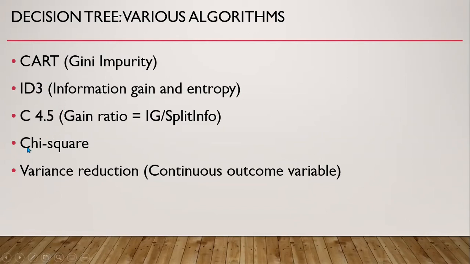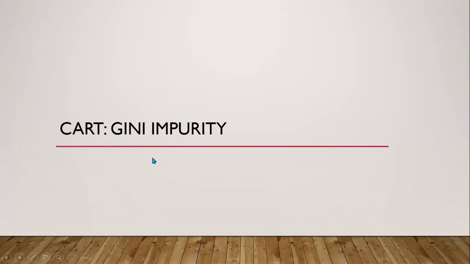Then we can also make use of the chi-square test to make a decision tree. And finally, we have the variance reduction method. So let us see one by one each of these algorithms. First, we take CART.